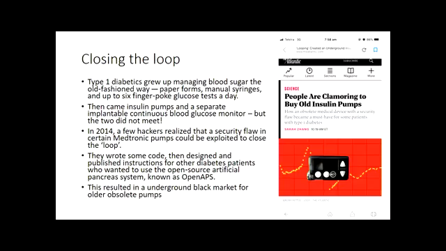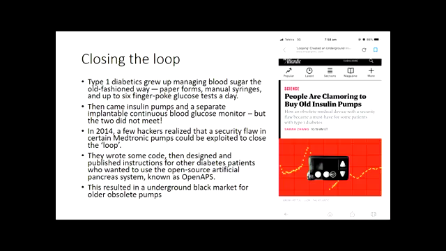So one of the old Medtronic pumps was totally hackable. It had zero security on it, because this was back in the day when cybersecurity wasn't as big an issue as it is today. So they closed the loop.